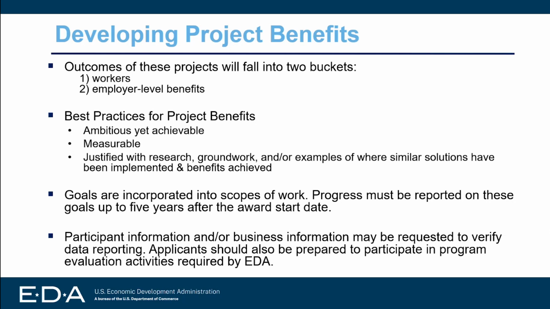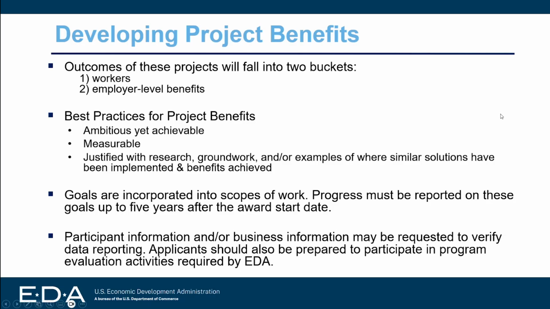You're also going to want to describe these in a measurable snapshot so that through your project and through working with EDA, you can actually demonstrate progress and achievement of these impacts. And finally, we're really looking for evidence that these are achievable. That might be through research, through groundwork. It might be pointing toward examples in other places or industries that have done similar things. But what we want to see is that there is evidence that these projects can accomplish the benefits that they're proposing.